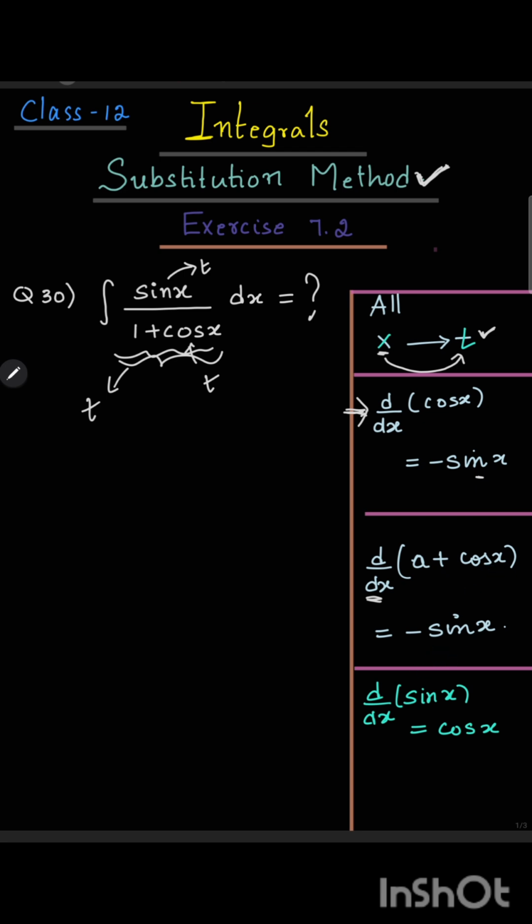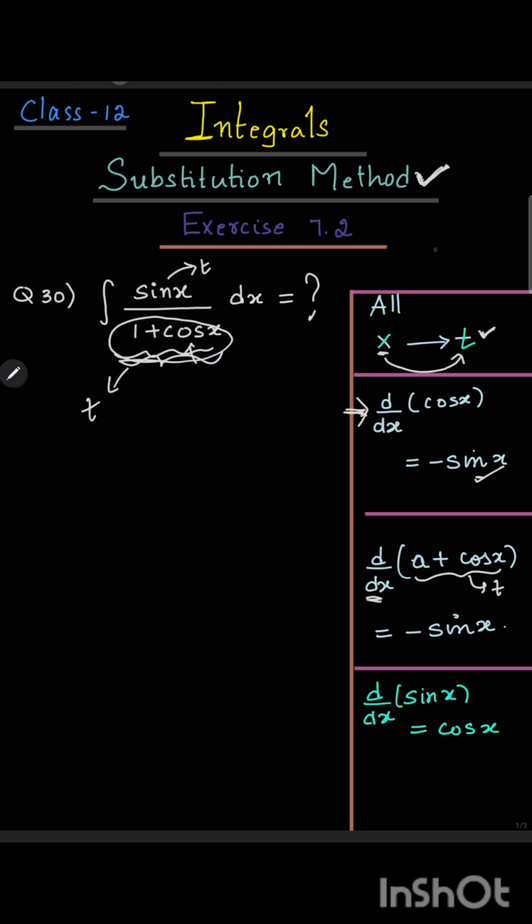In the denominator we have 1 plus cos x, and if we differentiate it, still we will get minus sin x. So we will take the original function and equate it to t. We will equate this entire 1 plus cos x equal to t, not just cos x.